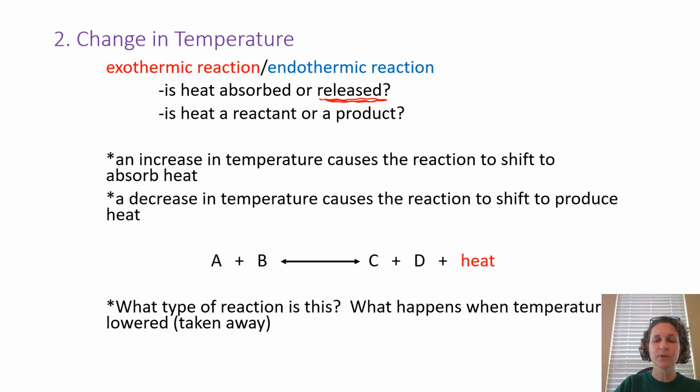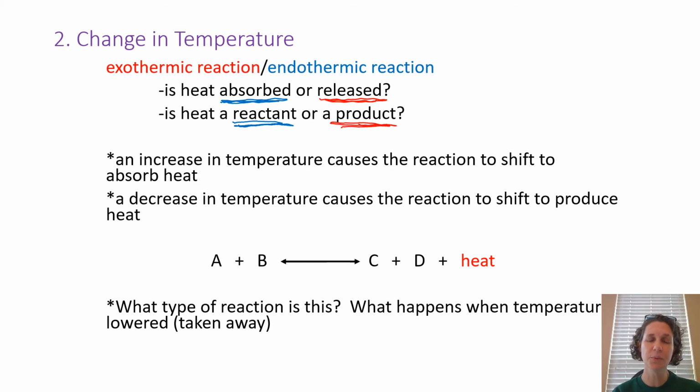If heat is being absorbed, it is an endothermic reaction. Heat is having to go into the system. So if you're color coding yours, endothermic heat is a reactant and exothermic heat is a product.